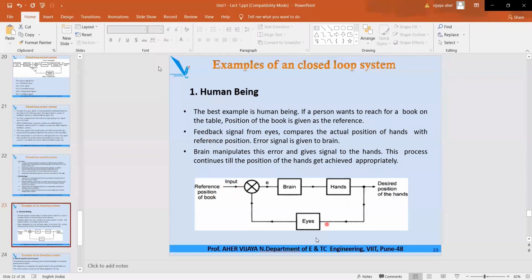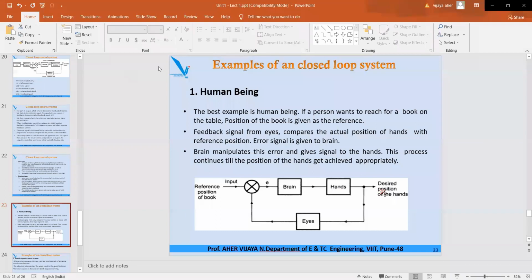Feedback signal from the eyes is taken, and the actual position of the hands is compared with the reference position. The error signal is generated and given to the brain, and the brain manipulates this error and gives a signal to the hands. This process continues till the position of the hands is achieved appropriately.